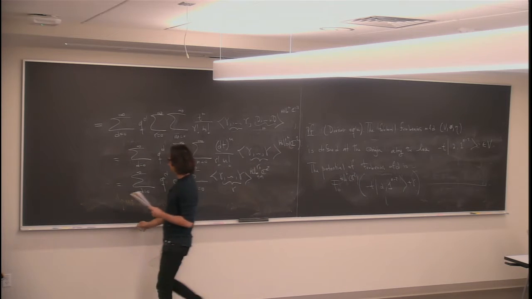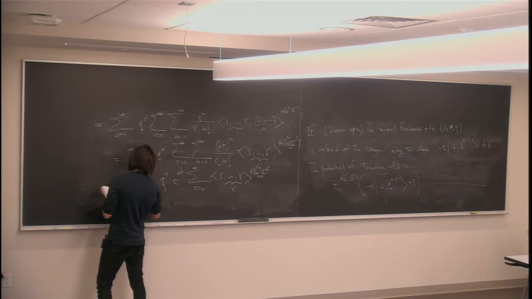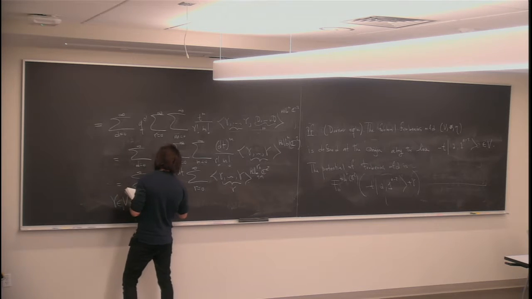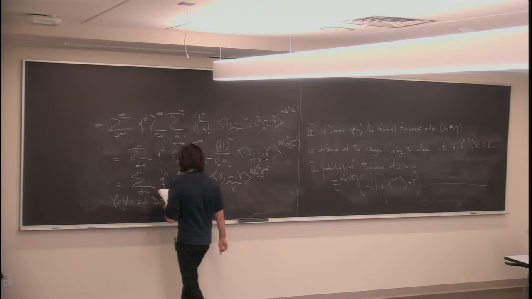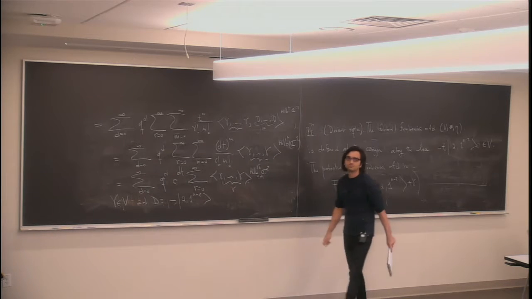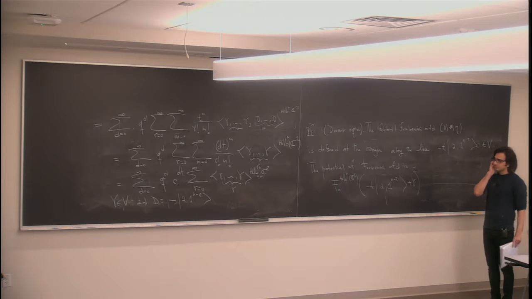So here gamma is in V, and D is minus 2 and minus 2. Okay, so this is the result of the calculation.